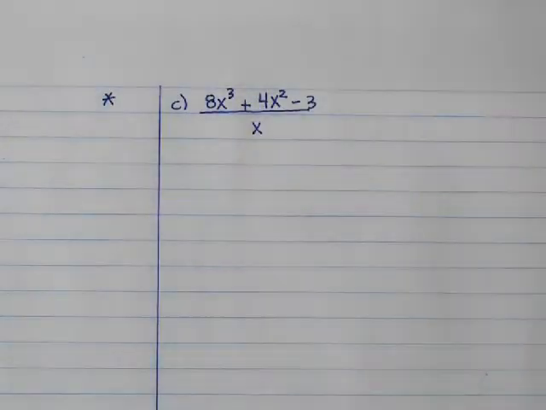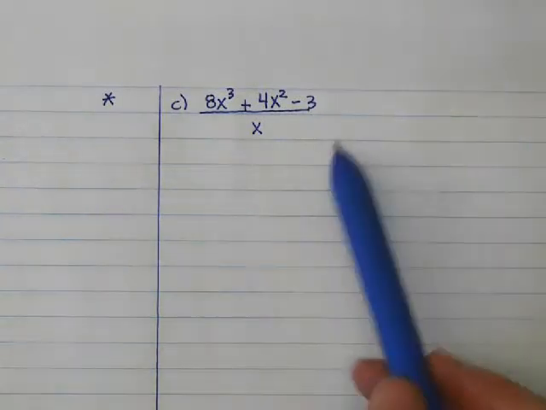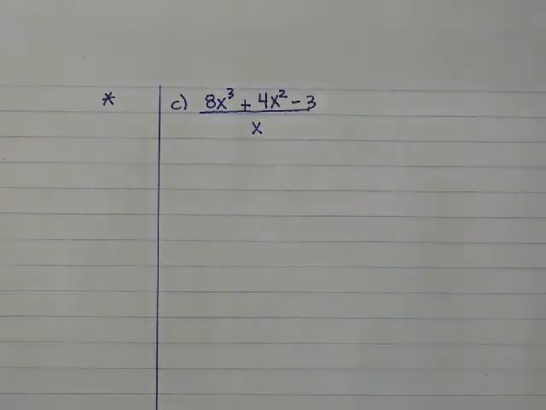And you probably want to make a note about this one, because this seems fine when we're doing this, but later on when we learn the quotient rule, a lot of people want to use the quotient rule on it, and that's a really hard rule to use if we don't have to.